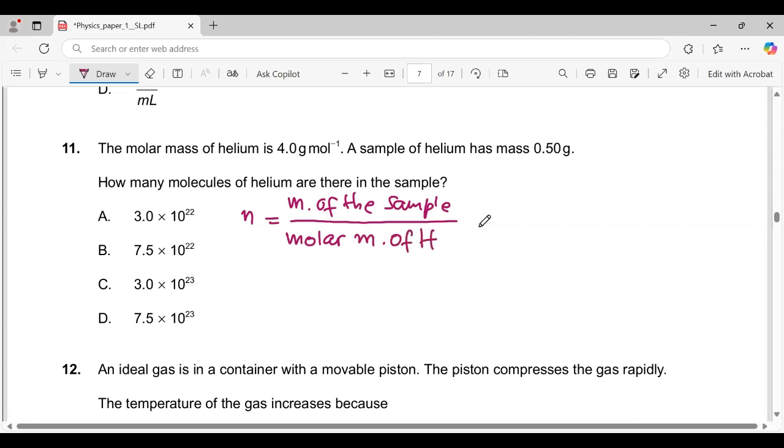It is 0.50 according to this information over 4.0 g per mole. If we calculate, the result is 0.125 mole.